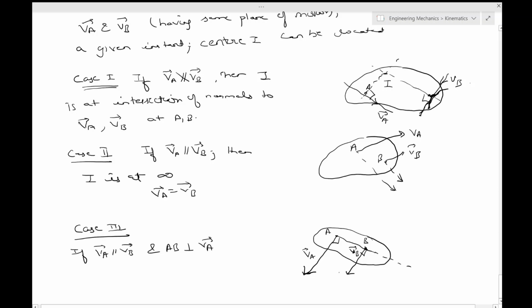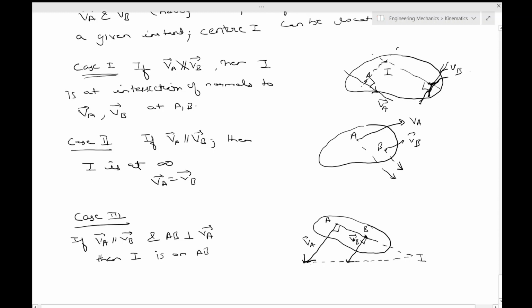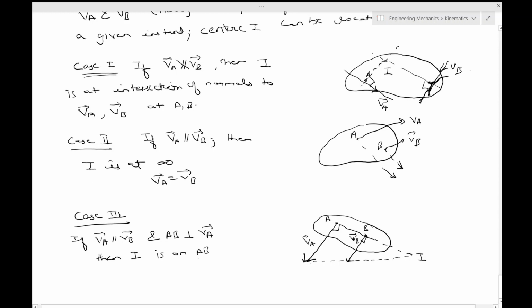Then I can be found out something like this. And you can use the similarity of triangles to say that IA by IB is equal to VA by VB.